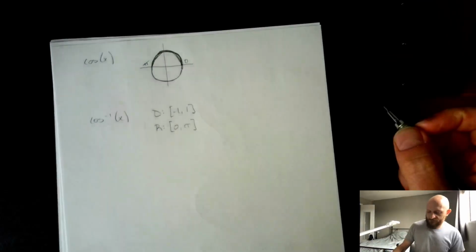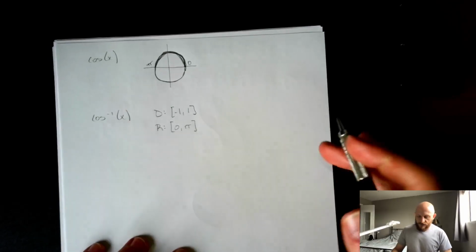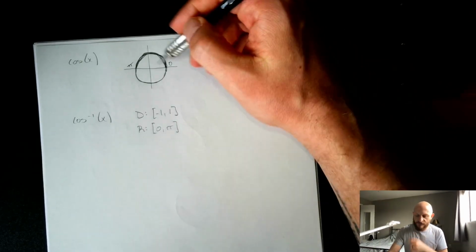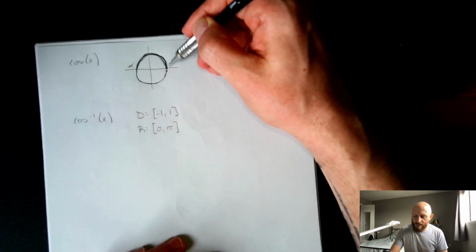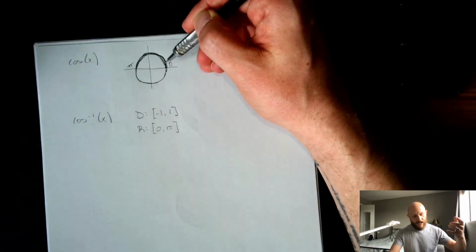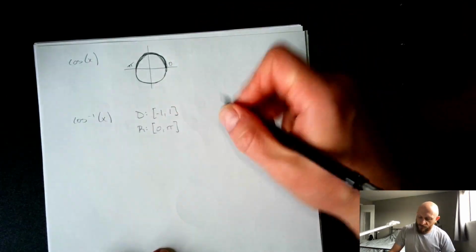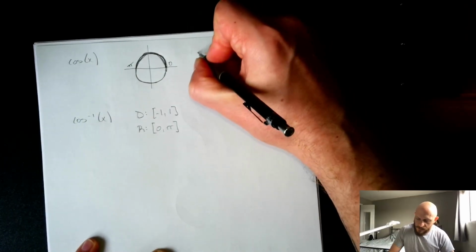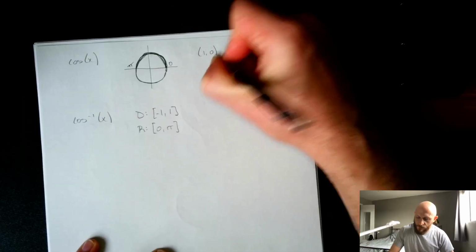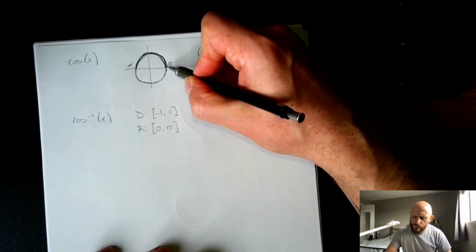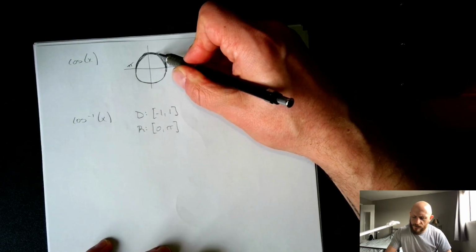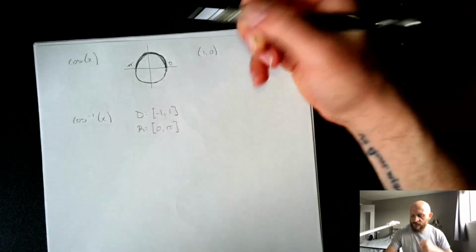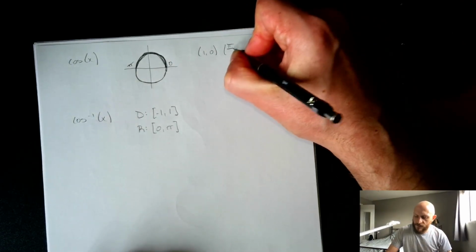So what does this graph look like? Well, again, we could do the same thing as what we did last time, and think about some of the coordinate pairs that occur over here and flip them. A couple of coordinate pairs for cosine are, right here, 1, 0, and we'll pick the convenient ones. Right here is pi over 3, 1/2.